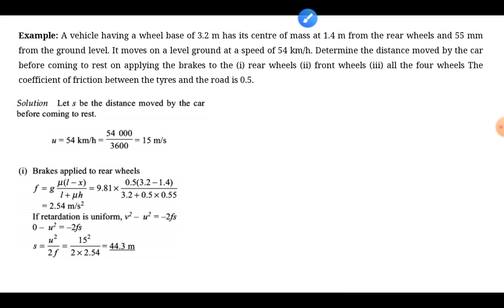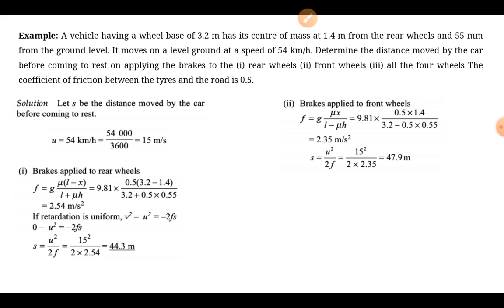And in the same formula, when you put the initial velocity and retardation, you will get the distance the vehicle has moved before coming to rest. So in the second case, when brakes are applied on the front wheel, the vehicle will move 47.9 meters before coming to rest.